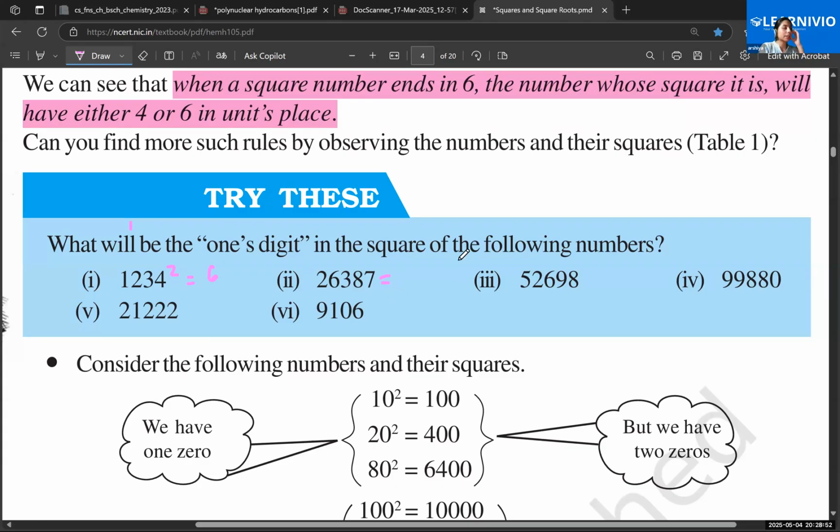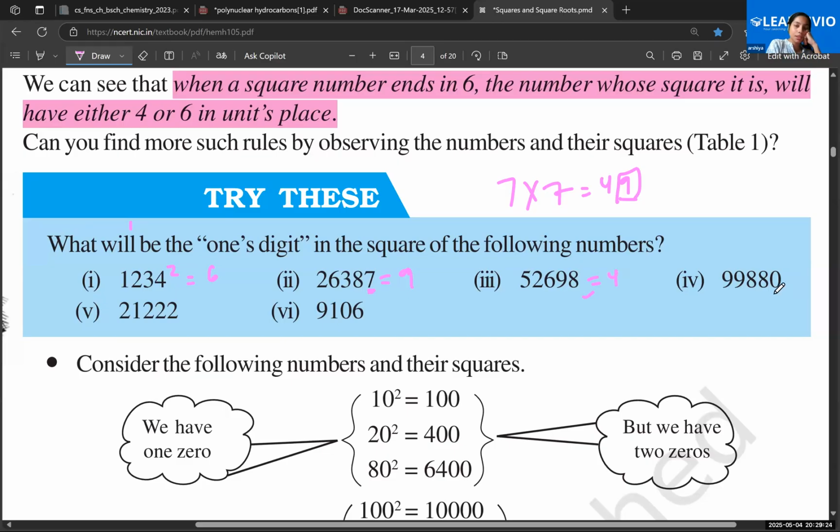Okay, so how you will find this is you can just square the last digit, because that will be the first thing you'll be squaring, right? So 7 sevens are 49, so 9 will be in the unit place. What about the 8? Same thing for 8. 8 eights are 64, so 4.